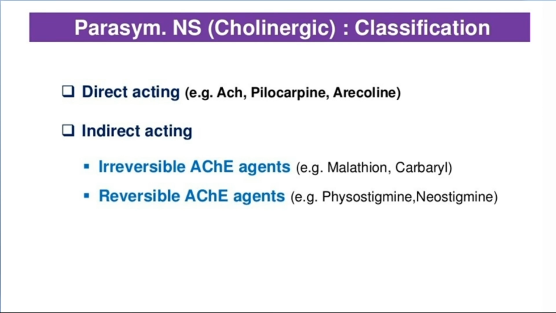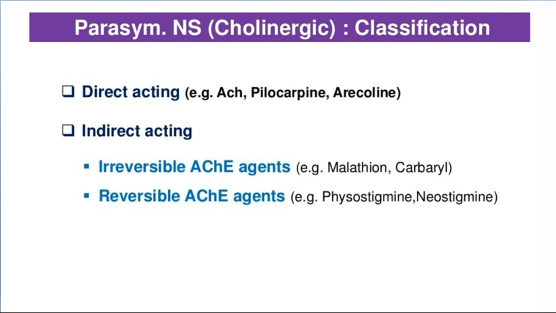So if we are able to block the acetylcholinesterase enzyme, we can inhibit the degradation of acetylcholine. So the availability of acetylcholine increases, which also promotes the function of parasympathetic action.